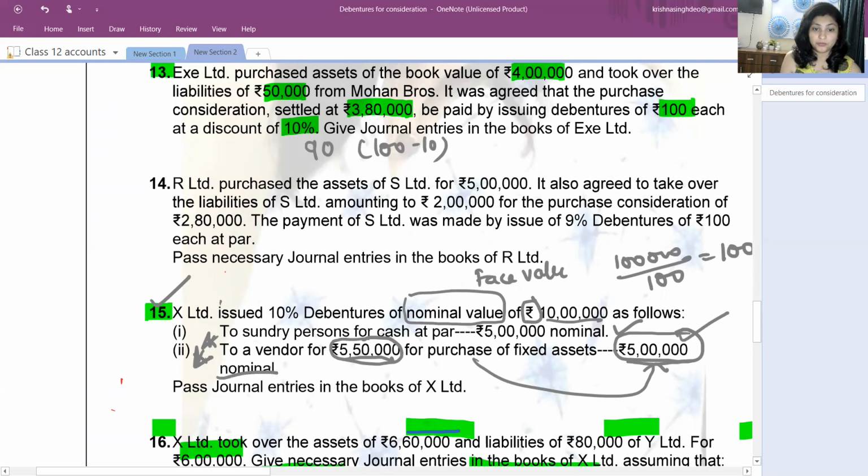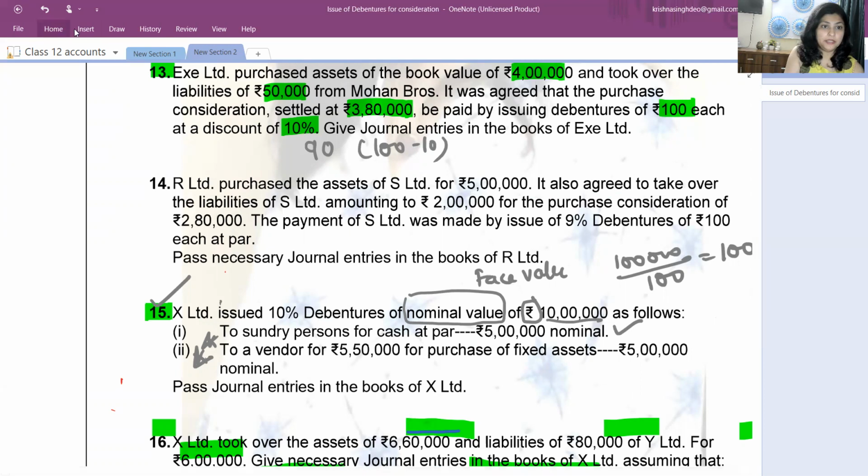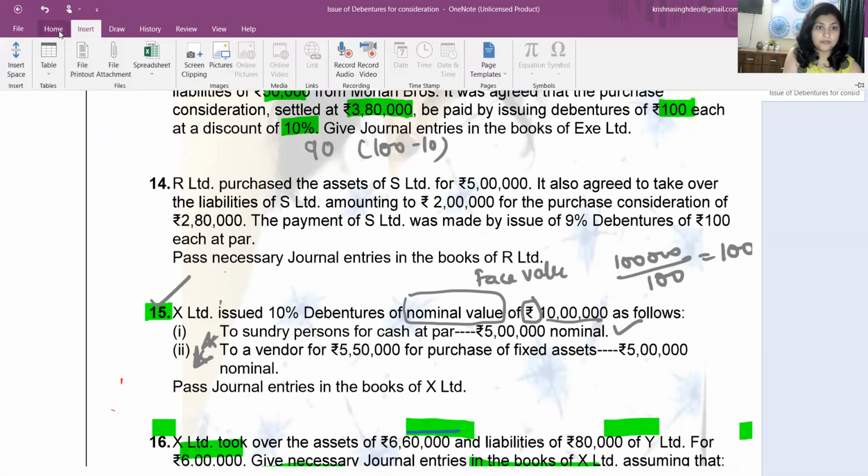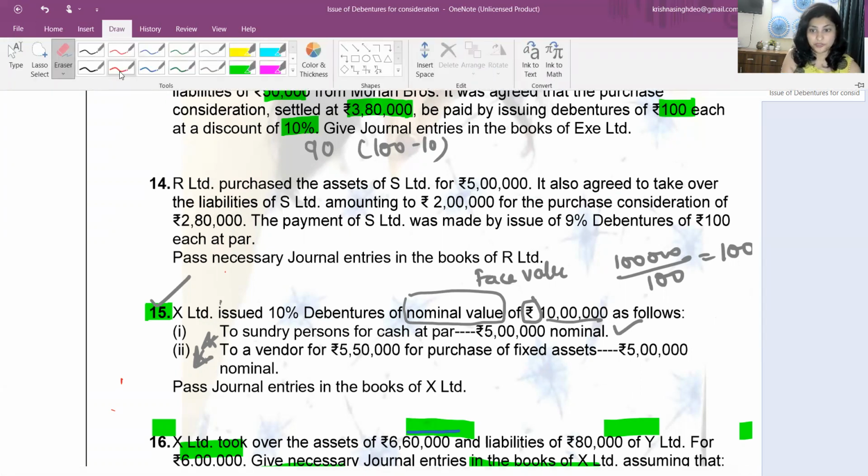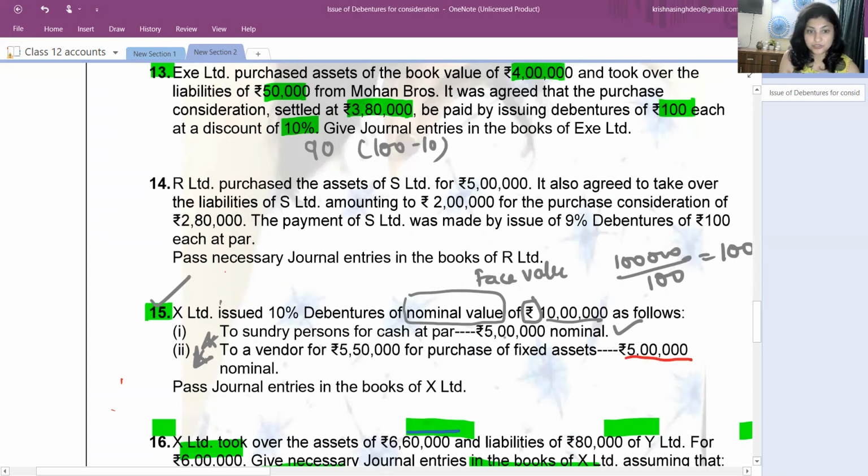Sorry, I read it wrong earlier. 5 lakh is the nominal value of the debentures. So we issued debentures of 5 lakh nominal value, but to satisfy a purchase consideration of 5,50,000.